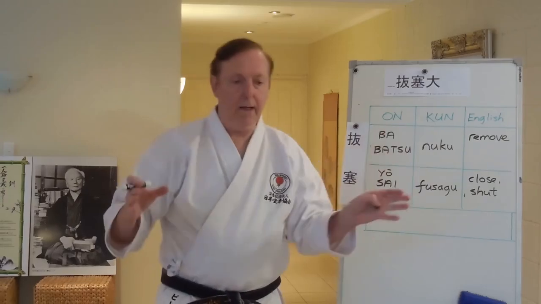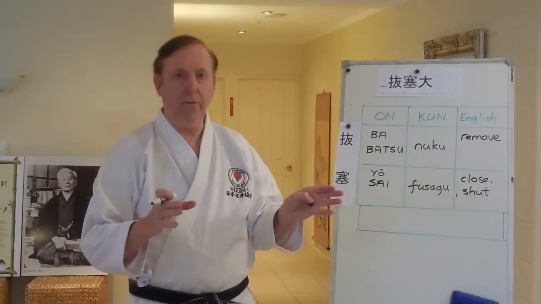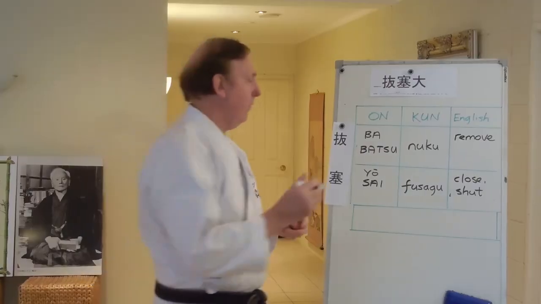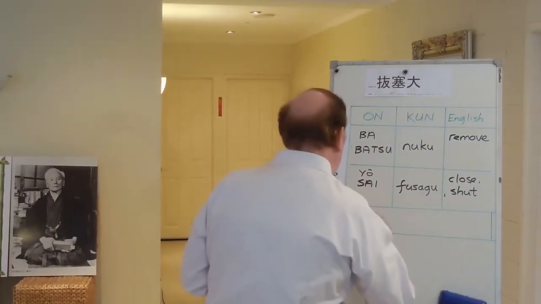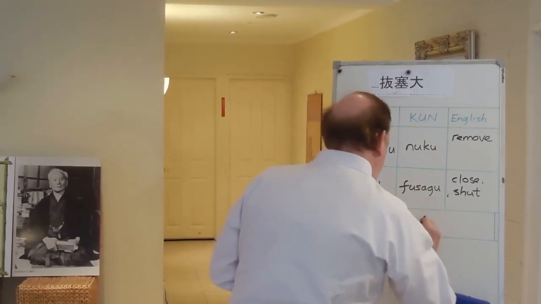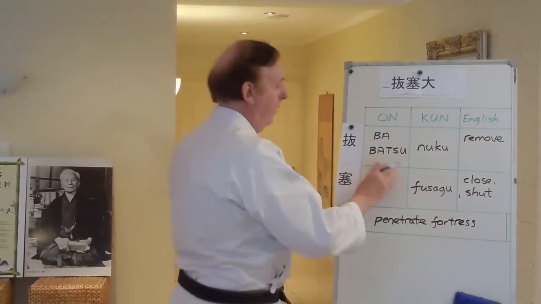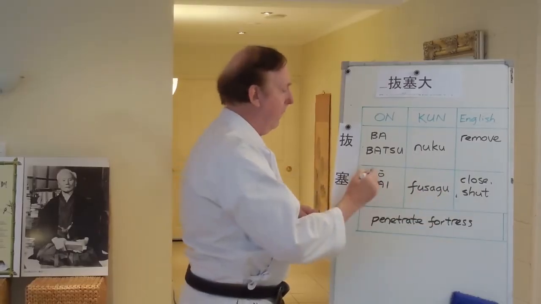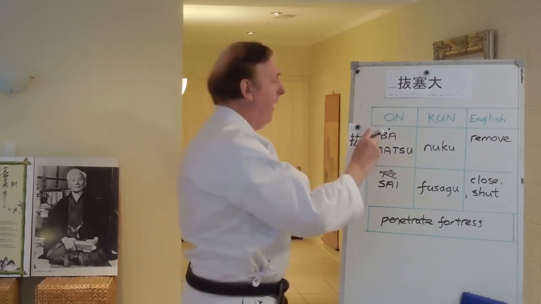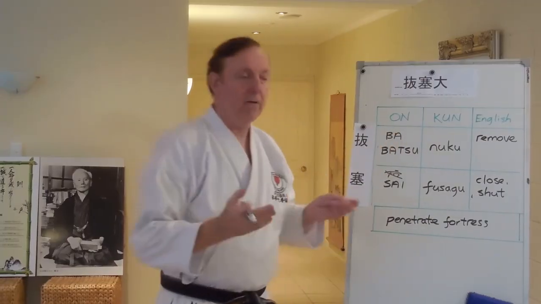So you've got to get the idea of the complete compound and how you are going to penetrate this fortress and get in there and remove the obstacle. And so often this one is translated as penetrate a fortress. So even though you need yosai for fortress, that bit's actually missing, but it doesn't matter, it's the same concept. Also ba is not batsu either, so it could be batsu yosai, but it actually is Bassai, the short version of that one.